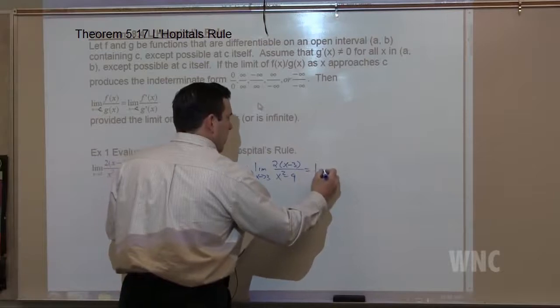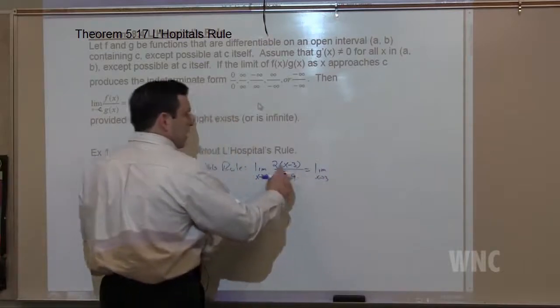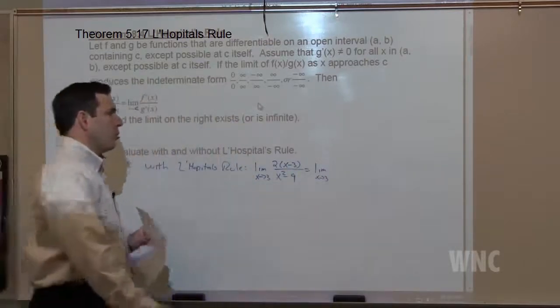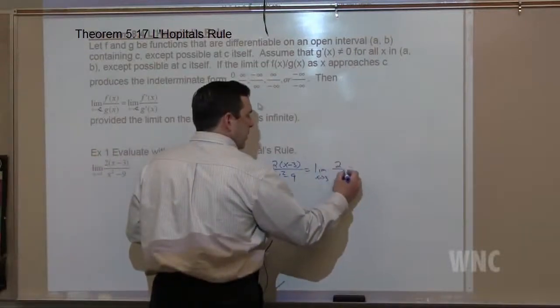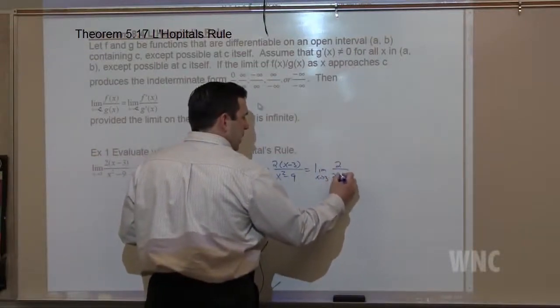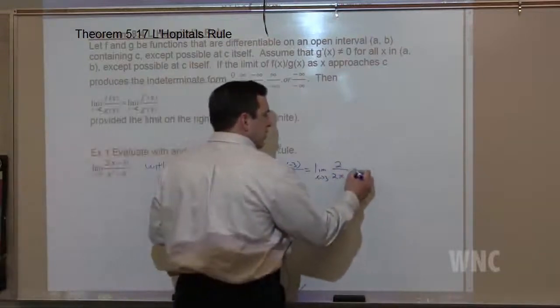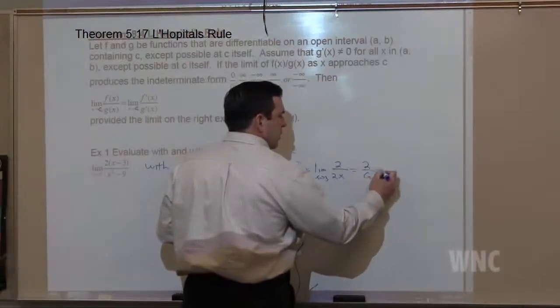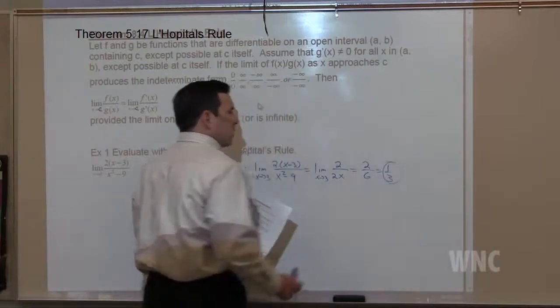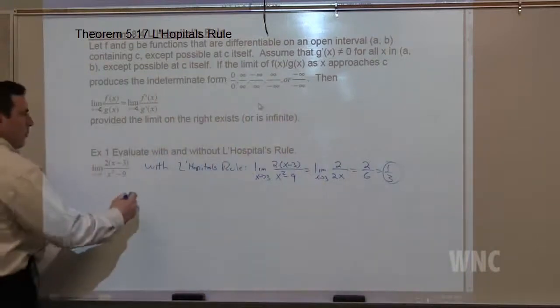With L'Hopital's rule, the derivative of the numerator is just going to be 2, and the derivative of the denominator is going to be 2x. As x approaches 3, that's 2 over 6, which is 1/3. So that's the limit as x approaches 3.